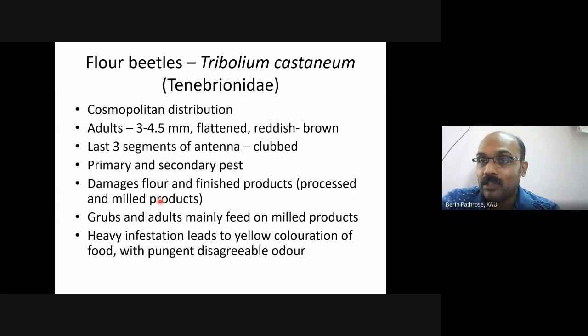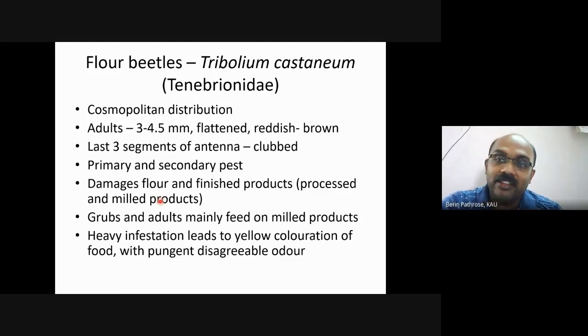That means if you powder the grain, then it is vulnerable to Tribolium attack. So it is considered a primary pest of processed products. It can also attack grains, but only as a secondary pest. It can't attack whole grains. It can attack only already damaged grain.